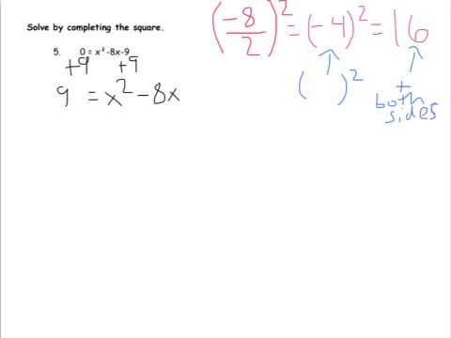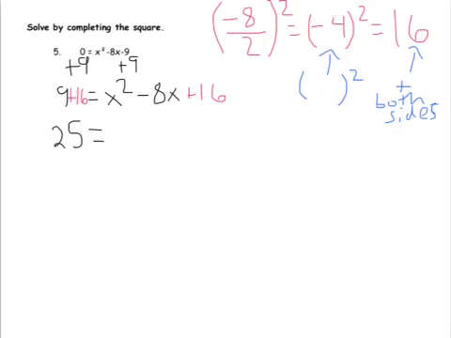Okay? Now, back to the problem. I'm going to add the 16 to both sides, just like I said. And I end up with 25 equals, and I can factor this side right here. I can factor this now. And this is when I'm going to use this part, the negative 4.